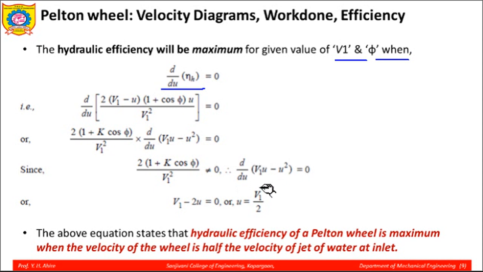Perform this derivation: it is V1 minus 2U equal to 0, or U is equal to V1 upon 2. So the condition for maximum efficiency is what? For a Pelton wheel, efficiency is maximum when the peripheral velocity of the wheel is half the absolute velocity of the jet of water at the inlet. That is the condition.